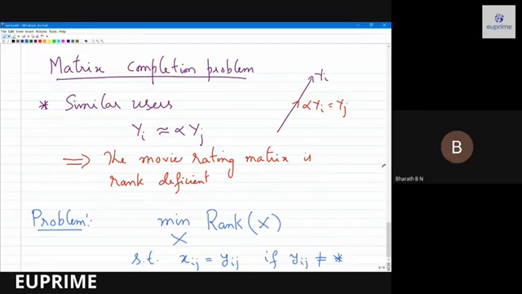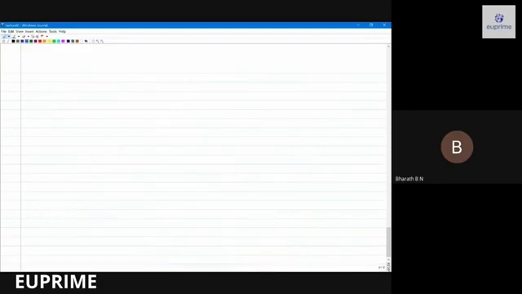Okay, so this is another example. It gives rise to two things, right? The first tool is, of course, matrix theory or linear algebra. And you also need optimization here. Well, this optimization is a very complex or a very hard problem to solve.